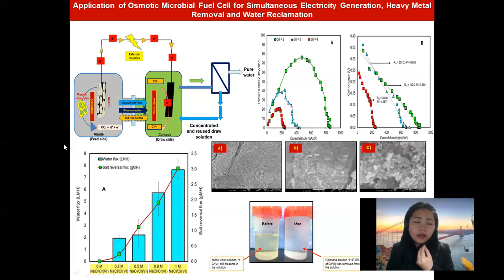Here we have the anode with the low concentration solution and the higher concentration solution in the cathode side, and in my study, the draw solution I use is different concentrations of sodium chloride.